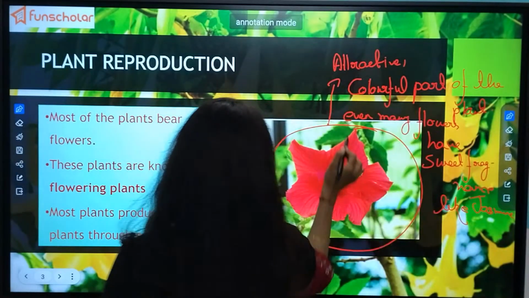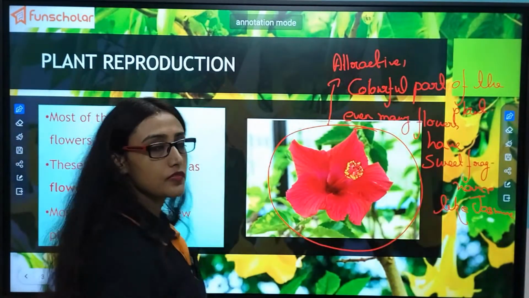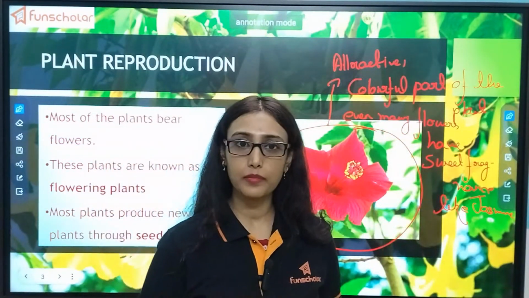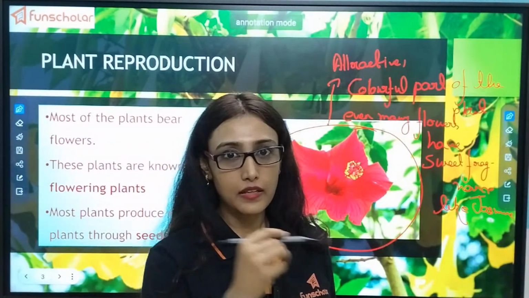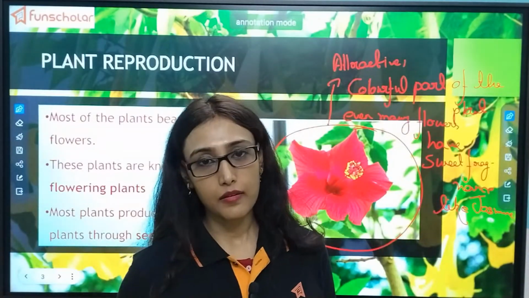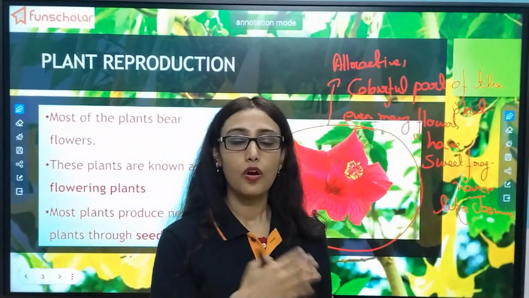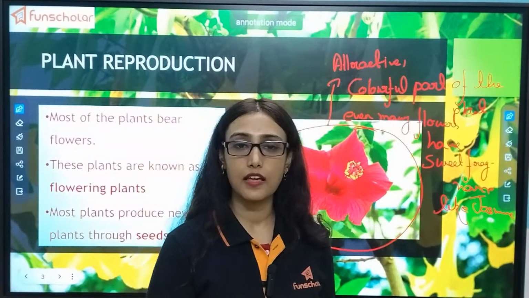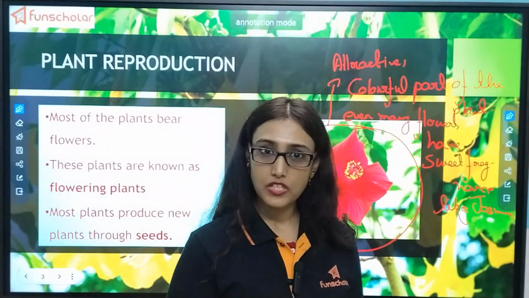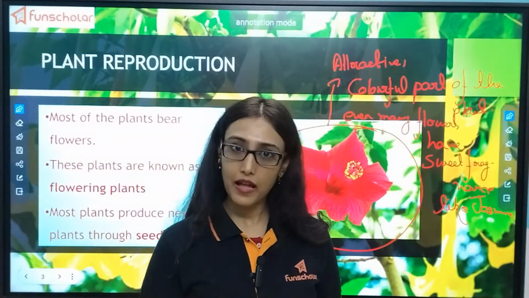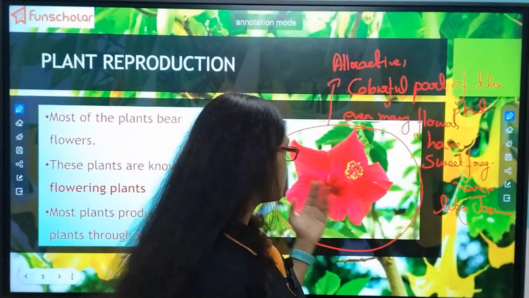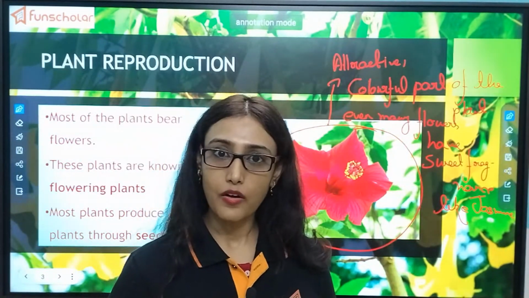So, why did nature produce flower? Have you ever thought about it? So that we can pluck it and gift it to someone for Rose Day, Valentine's Day, or for doing puja? Is that the reason plants have produced such a beautiful thing called flower?